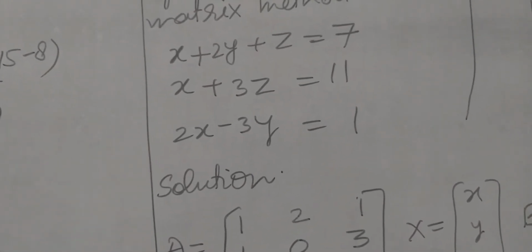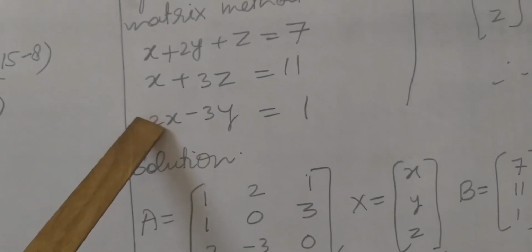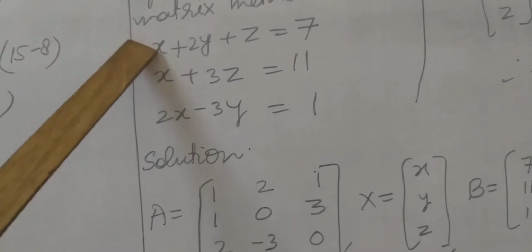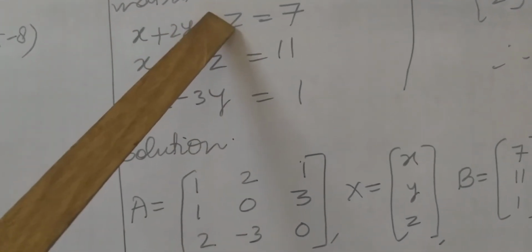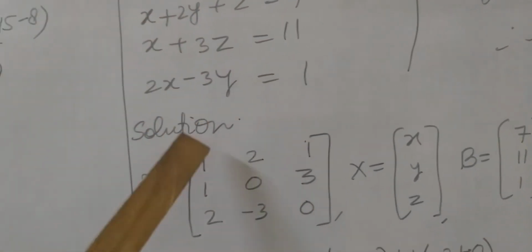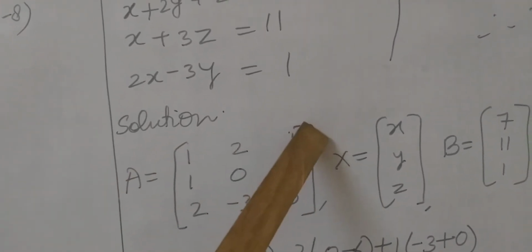So first of all, matrix A is the matrix of coefficients of x, y, z. In the first equation you can see 1, 2, 1 are the coefficients of x, y, z. So that's why in the first row I have arranged 1, 2, 1.